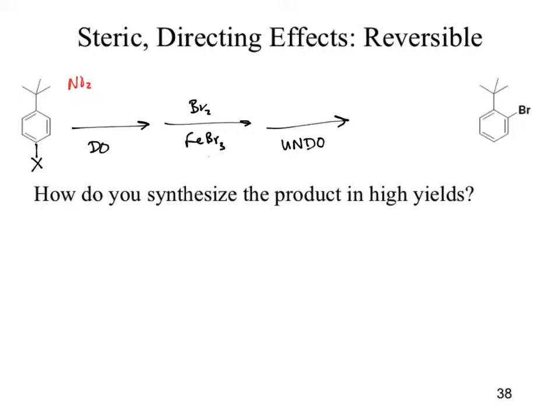What do we do? HNO3 followed by NaNO2. Isn't it Sn? Because you need the NH2 first on the ring. So HNO3 to get your NO2. Then you'd have to reduce that with tin and HCl. Then we could add the sodium nitrite. And then we could follow that.